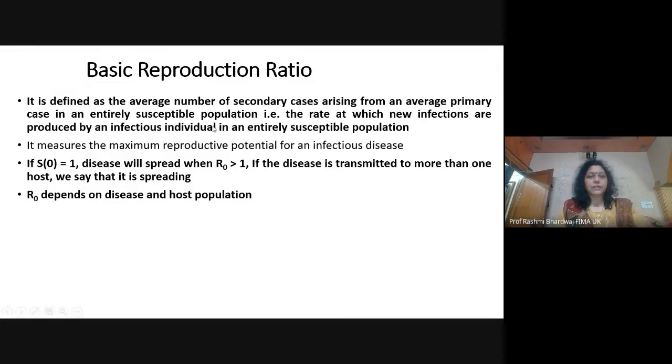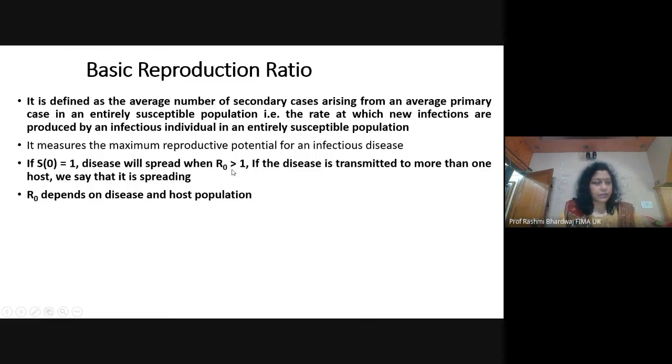It is the average number of secondary cases arising from an average primary case in an entirely susceptible population, or the rate at which new infections are produced by an infectious individual in an entirely susceptible population. So basically it measures the maximum reproductive potential for any infectious disease. And it is normally denoted by R0, which depends on the disease and host population.